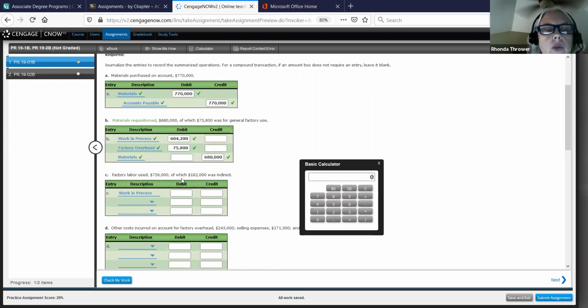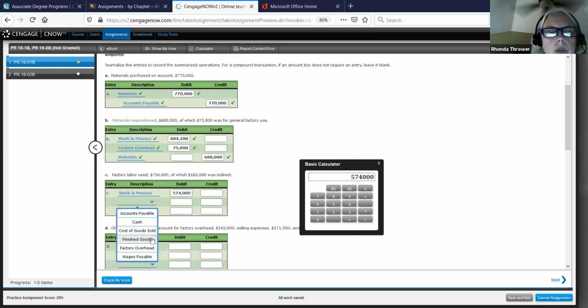To find the direct factory labor, we have to take 756,000 and subtract 182,000 from that. They gave us the amount that was indirect, so we had to find the direct labor amount. When I subtract those, it gives me $574,000, which is my direct labor.